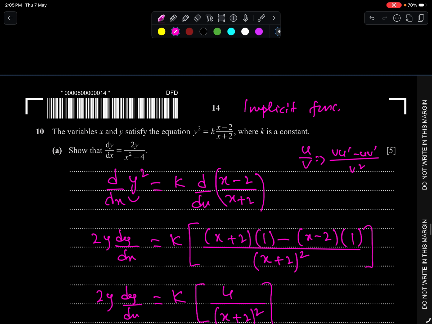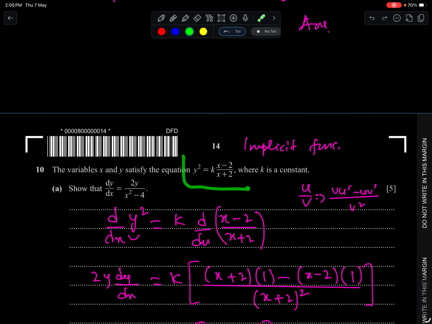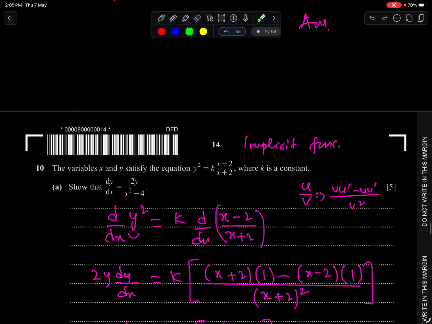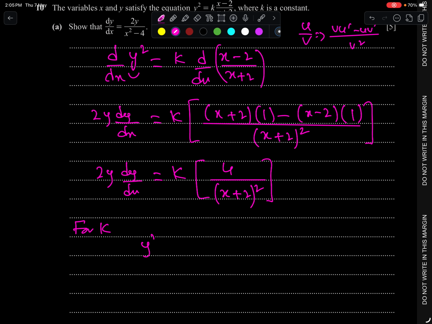Now check this result. We have to prove this. See, in this proof we don't have k, and here we have k. So we need to make k subject from this given. So make k subject. For k, copy the question, k times x minus 2 over x plus 2.